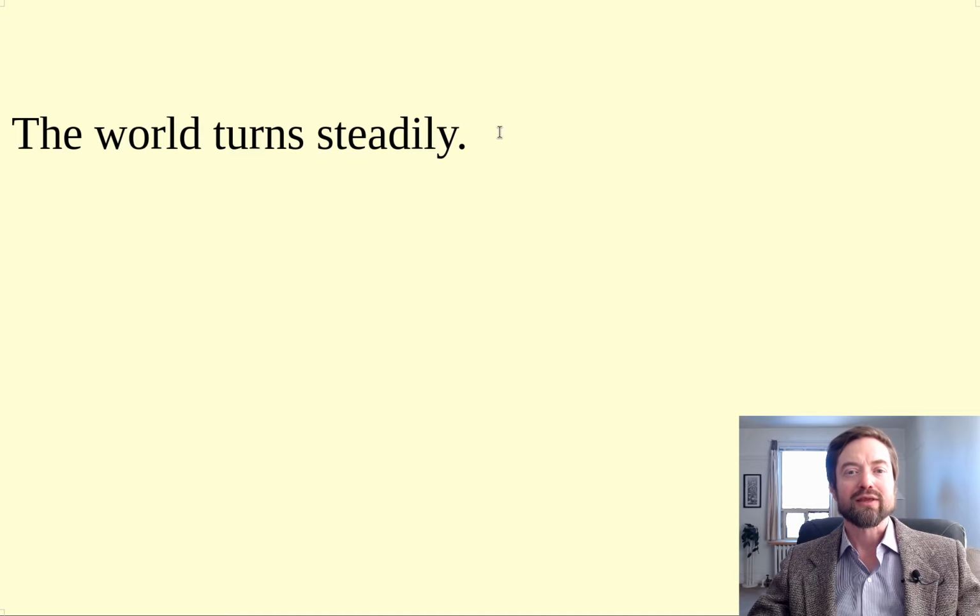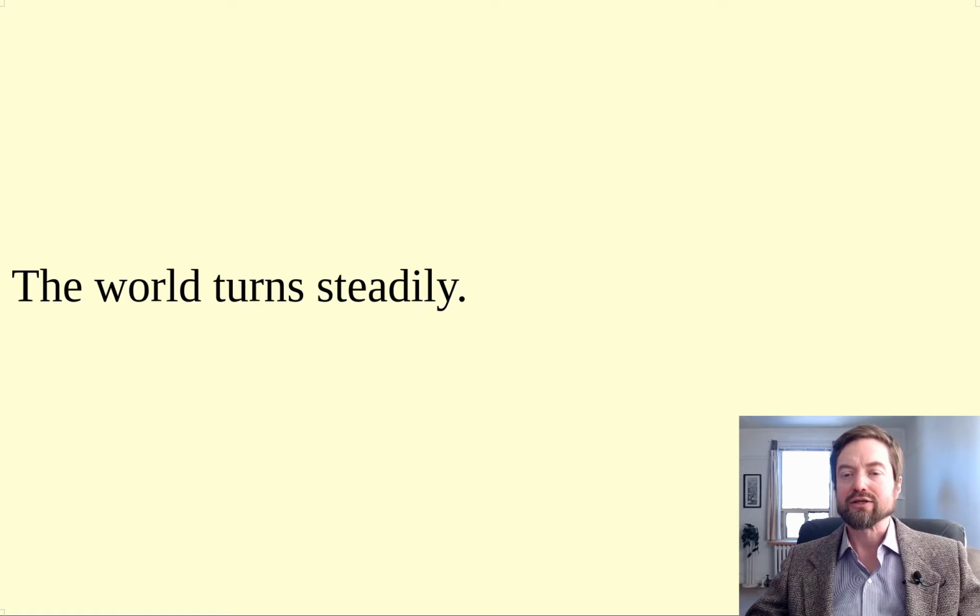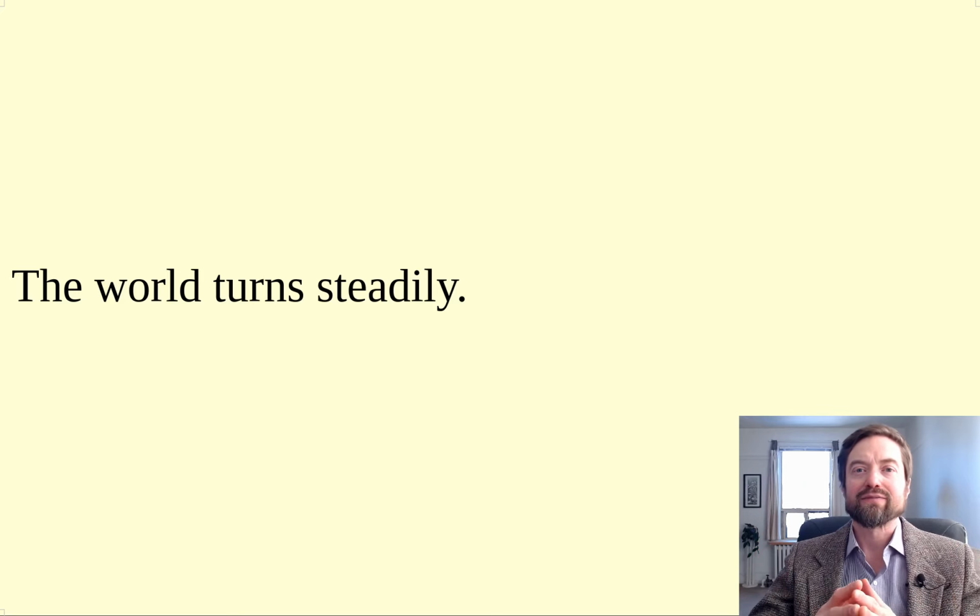But here we go. The world turns steadily. Okay, so we have four words. And now we're trying to build this into some kind of syntactic tree, an understanding of the structure of this sentence.